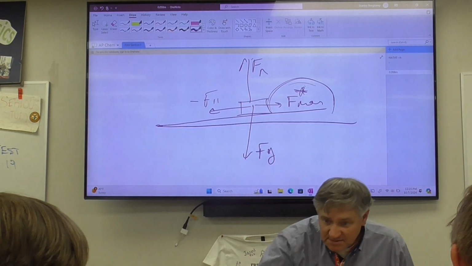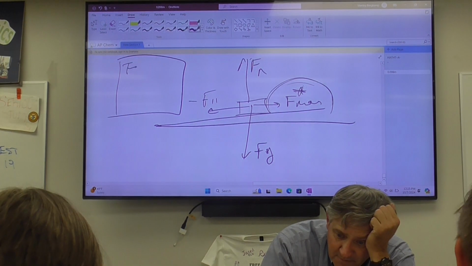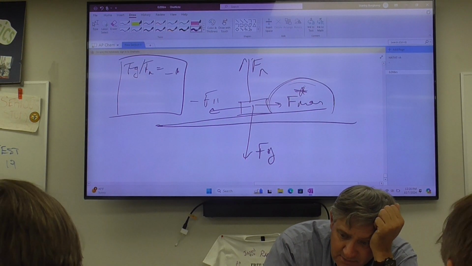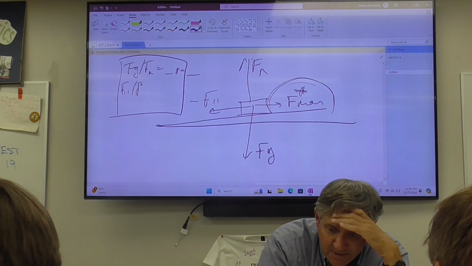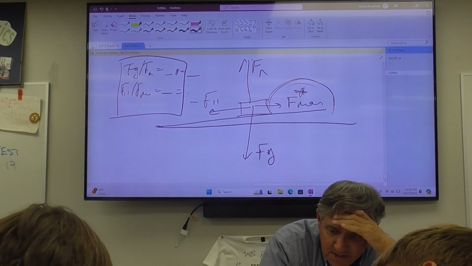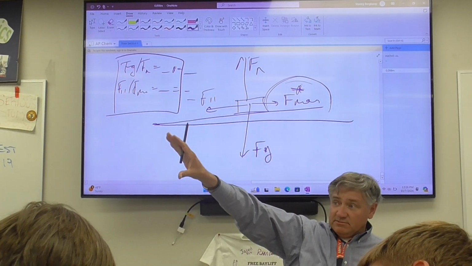So here's what I should see. Somewhere you're going to say, for my FG and force normal, so many newtons equal a centimeter. For your force parallel and the force from the magnet, you're going to say so many centimeters equal a newton. So I should see 2 distinct scales.